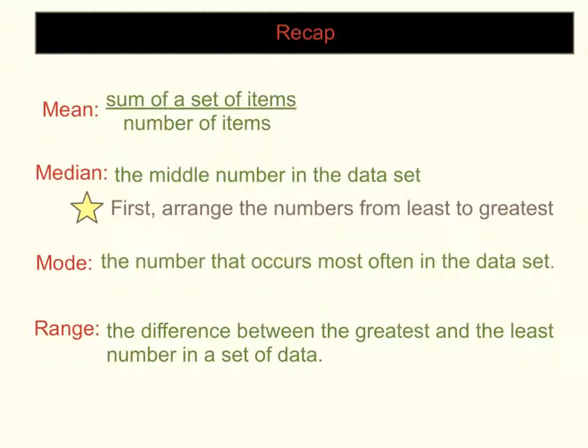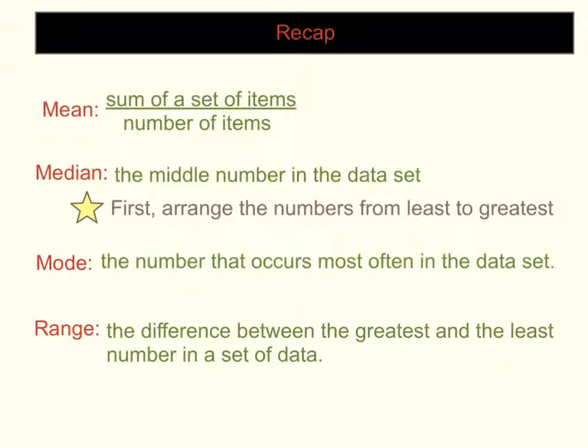Let's recap what we learned today. Mean is the sum of a set of items divided by the number of items in the set. Median is the middle number in the data set. And the most important thing we need to remember with that is to first arrange the numbers from least to greatest. The mode is the number that occurs most often in the data set.